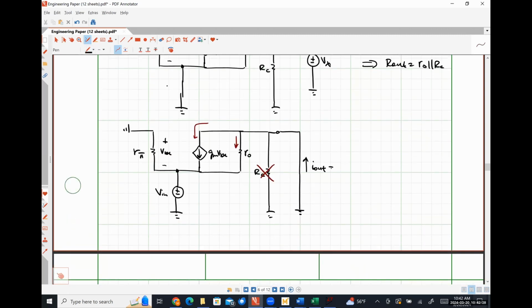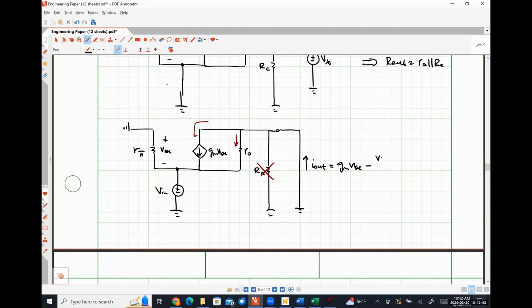So I out is going to look like GM VBE minus VN over R naught. What's VBE? Negative VN. So let's just replace that VBE with a VN and put a negative sign there.